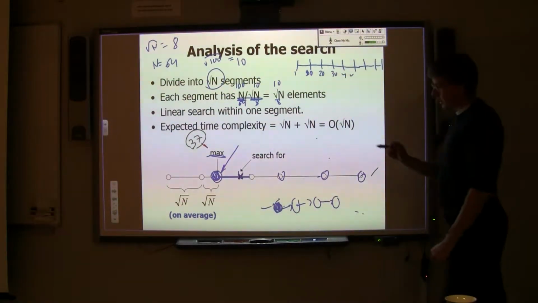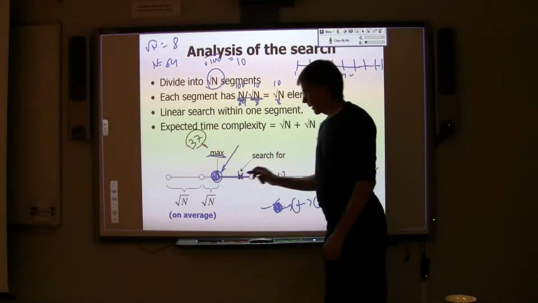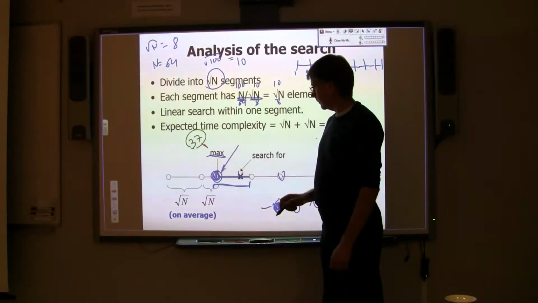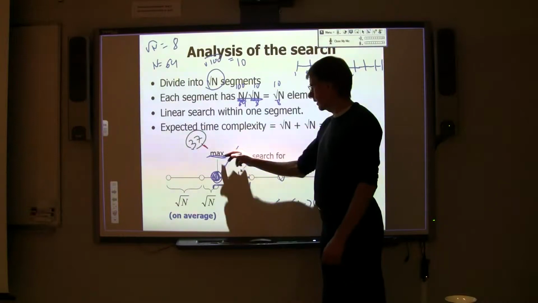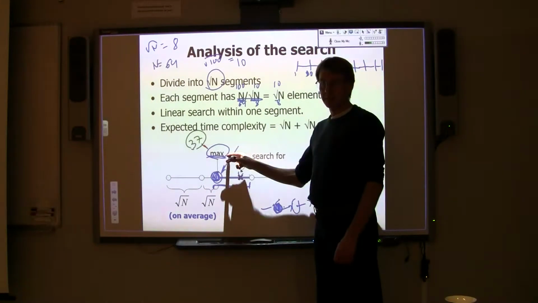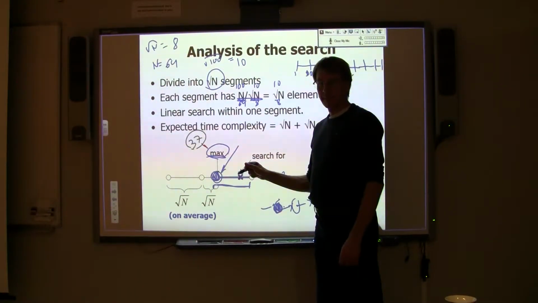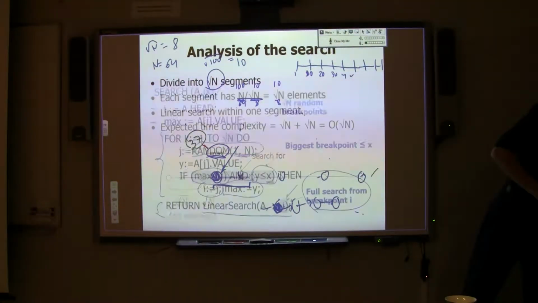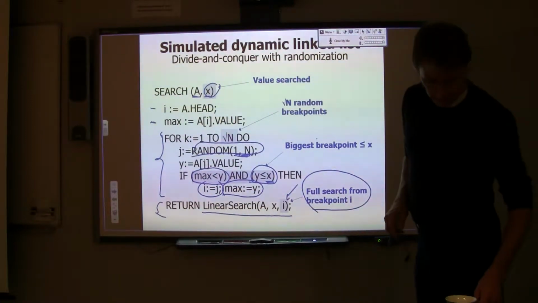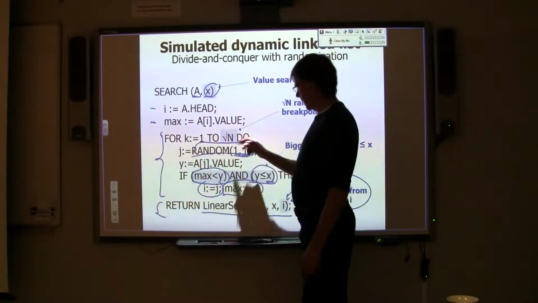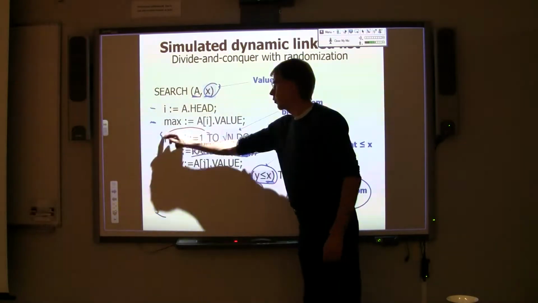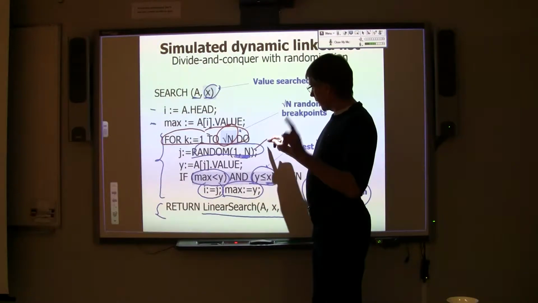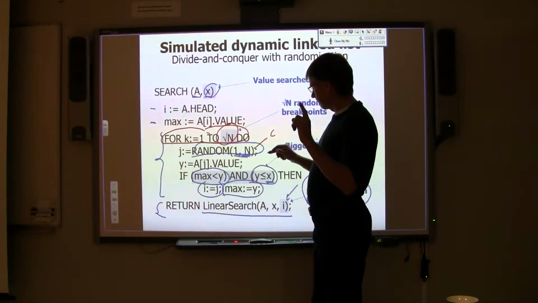Now my claim is about the length of this linear search. Okay, the first step, I'm looking for the maximum. How many steps does it need? How do I find the maximum? What is the time complexity? The square root of n. Yes, it's a square root of n, because I'm looping here square root of n times selecting a random number, so this is a constant.